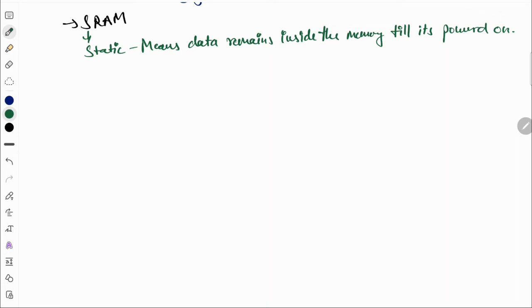SRAM chips use a matrix of 6 transistors and no capacitor. SRAM doesn't need to refresh on a regular basis.